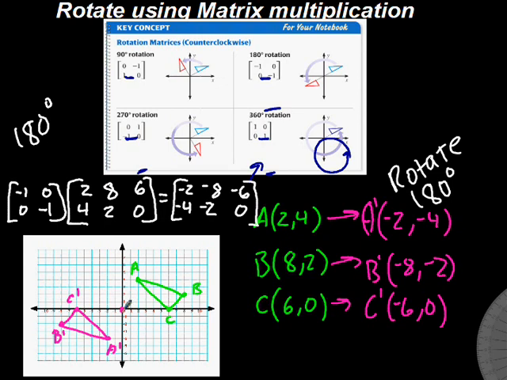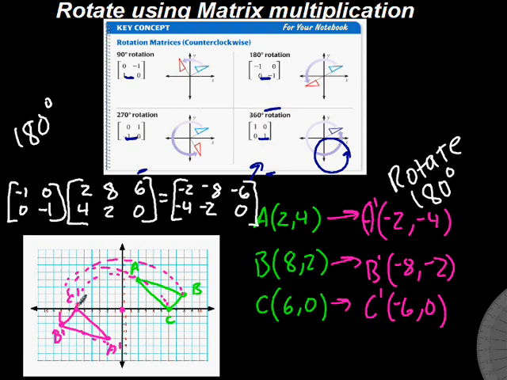It's like this guy took a journey around and went right over here, exactly 180 degrees. This guy moved all the way from here to here. This guy traveled around here. This guy went 180 degrees over here. See the 180 degrees?